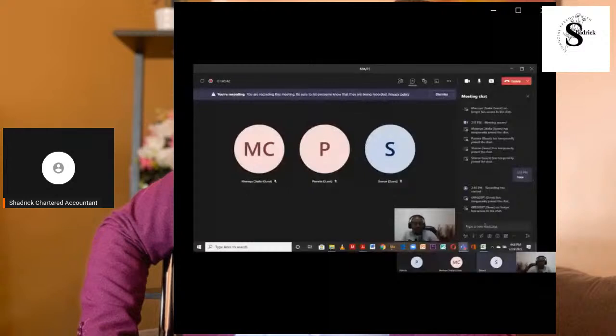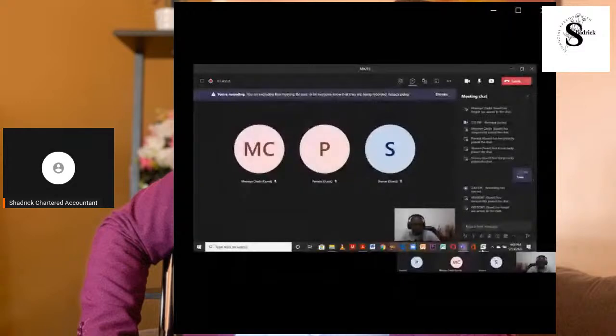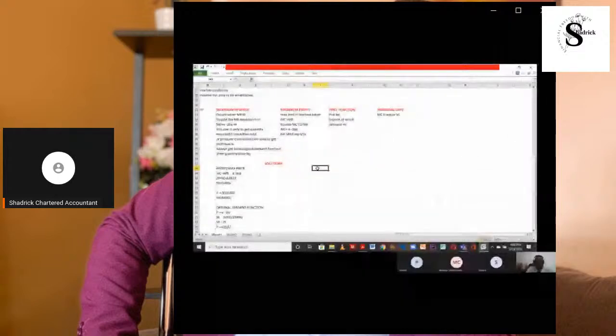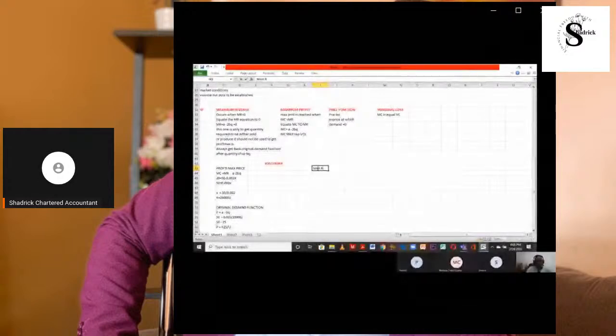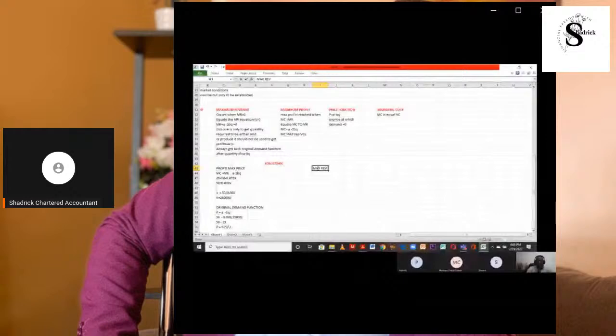Of course, we know profit is not difficult. All we simply get is the price minus variable cost is equal to contribution, minus fixed cost of 100. We have profit.